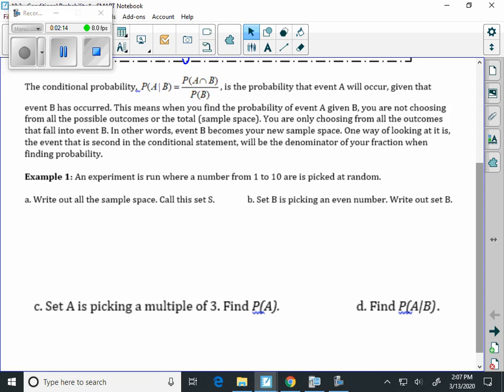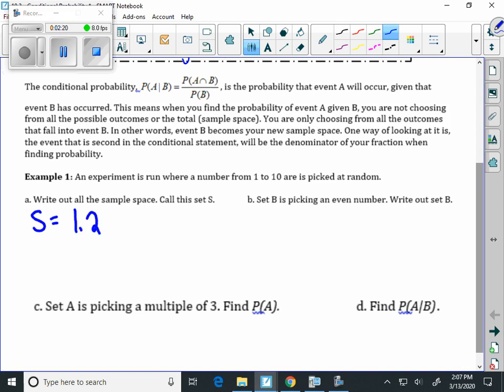So when we start, we write out the sample space. We're going to call this set S: 1, 2, 3, 4, 5, 6, 7, 8, 9, 10. There's our sample space. So that's the whole thing, but we're going to be applying the conditional probability to this, so in the end we're not going to use all of that.